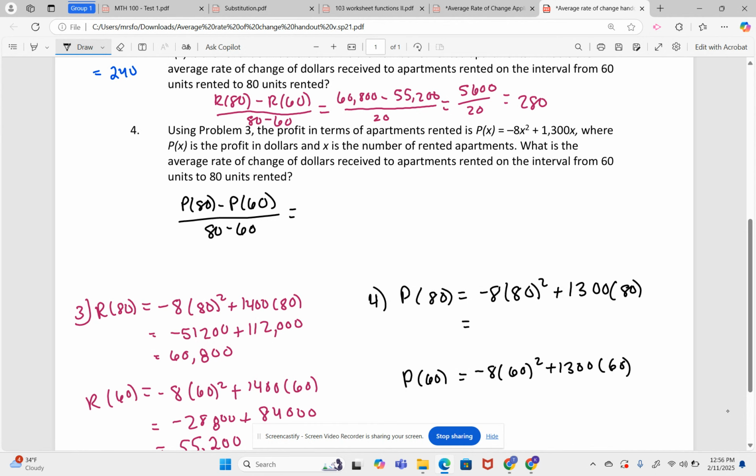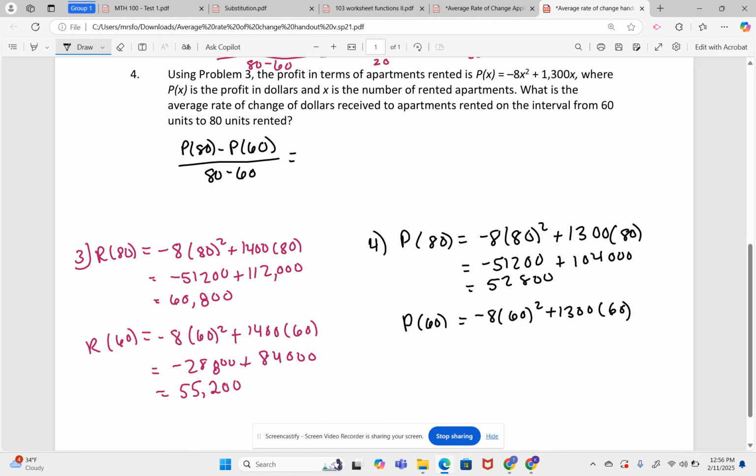Okay, so this will be negative 51,200. And then the 1,300 times 80 is actually 104,000. So that tells me my profit is 52,800.